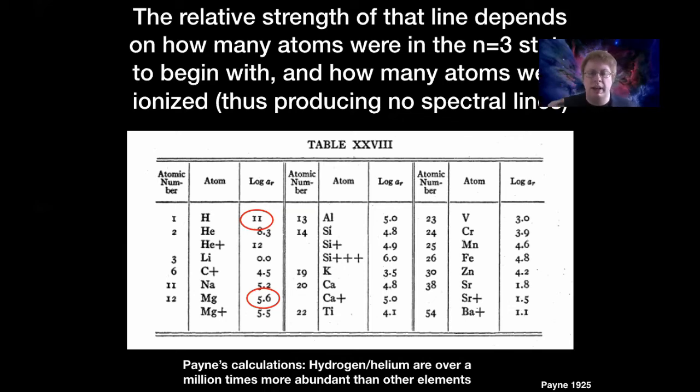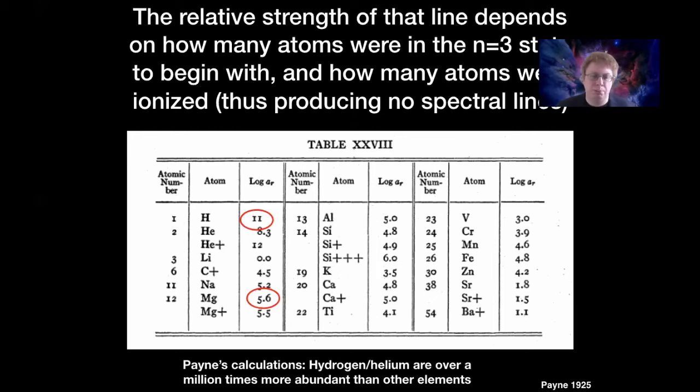She also calculated how often we should expect to see elements that are really there and have electrons to begin with, as opposed to elements that have been ionized and have no electrons to fall into different energy states and therefore produce spectral lines. And she went through all of these calculations, and here were her results.